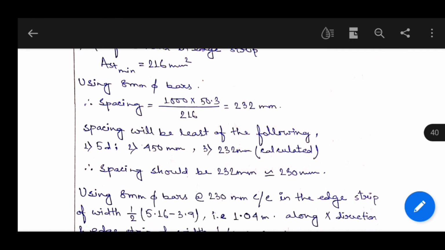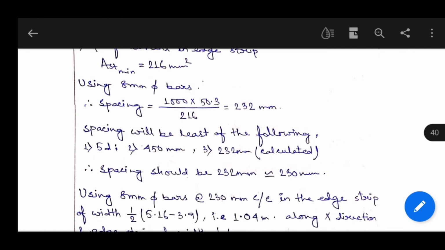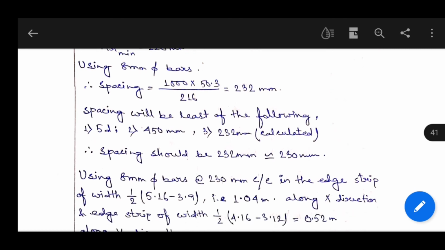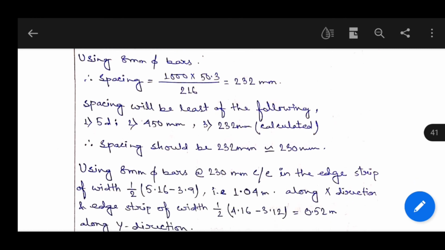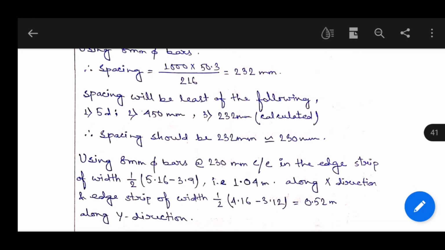Okay, so now using 8 dia bars at the rate of 230 center to center in the edge strip of width half into 5.16 minus 3.9, that is equal to 1.04 meter along x direction, and edge strip of width half into 4.16 minus 3.12, that is equal to 0.52 meter along y direction.